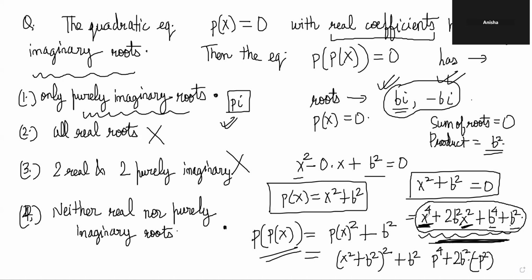So it would have become b power 4 plus b power 4 minus 2b square, okay, so notice that that is not a root, because b power 4 and b power 4 will cancel this, but it will not cancel the plus b square. So these original roots are not roots of this new one.